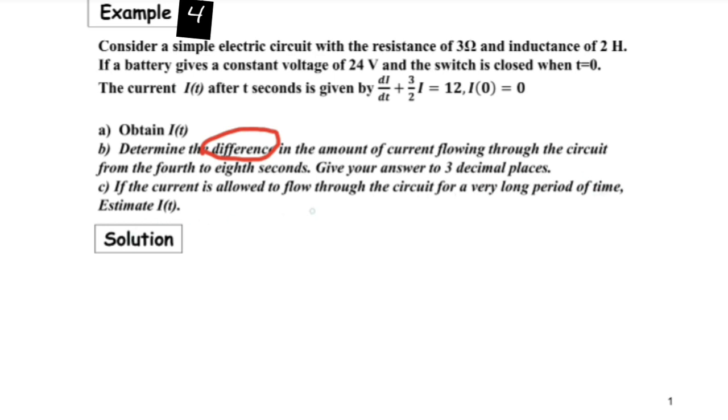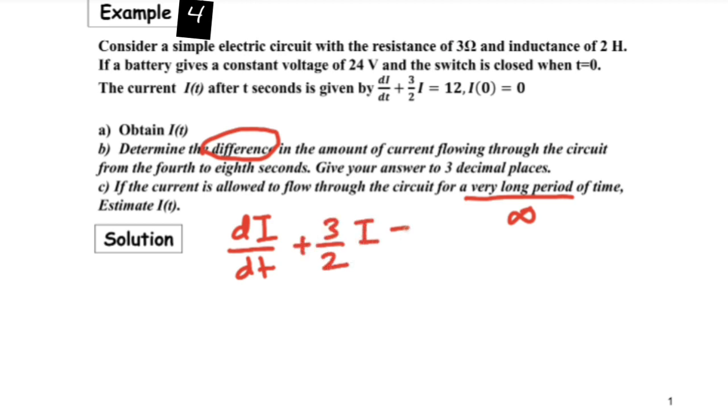If the current is allowed to flow through the circuit for a very long period of time, this means infinity. Estimate I(t). You are given a differential equation model, dI/dt + (3/2)I = 12.